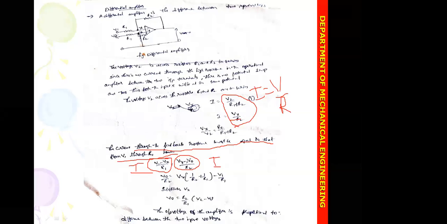On simplification of this equation, we get the output voltage V0, which is the difference of the two input voltages, V2 minus V1.